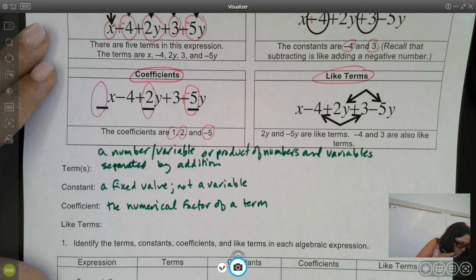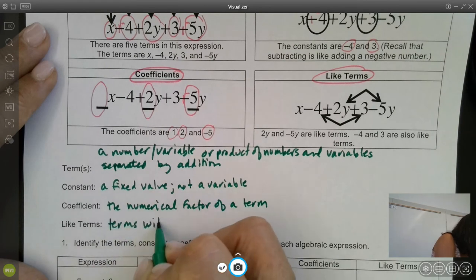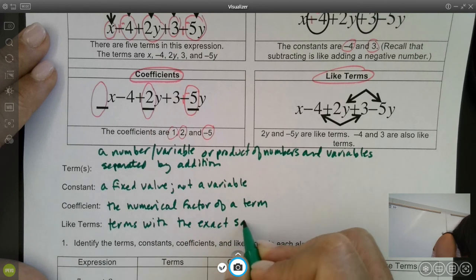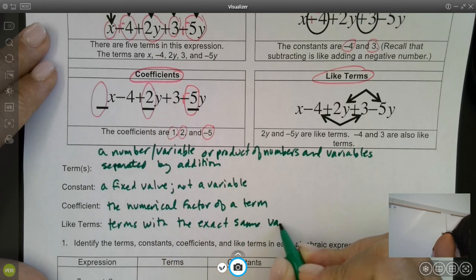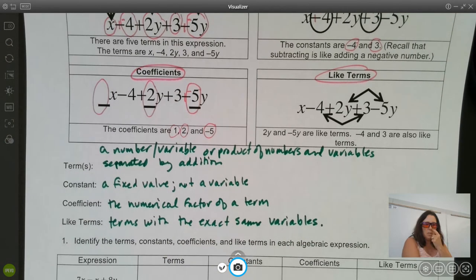And then like terms, terms with the exact same variables. Okay, so those are the definitions.